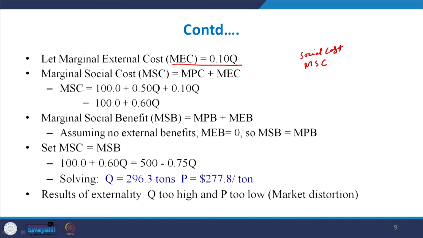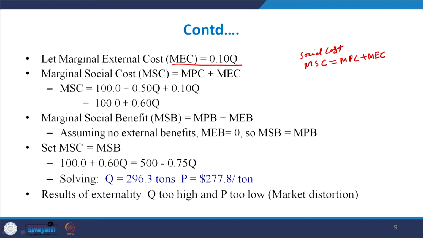Marginal social cost is equal to marginal private cost plus MEC, marginal external cost. And MPC, we already know the function, the supply function, and now in the supply function we can also include MEC and then get the marginal social cost function.